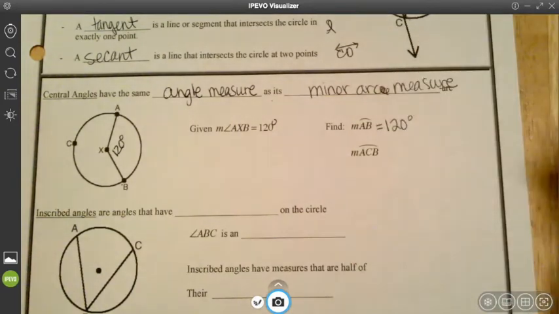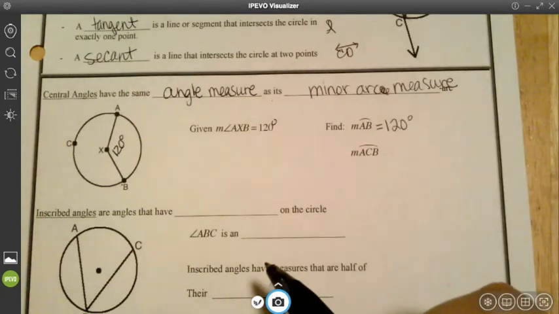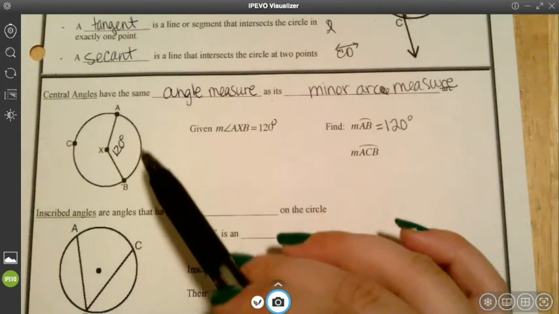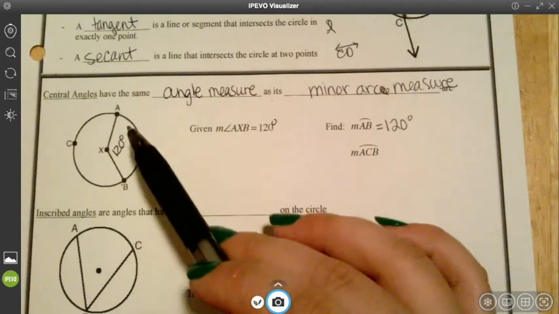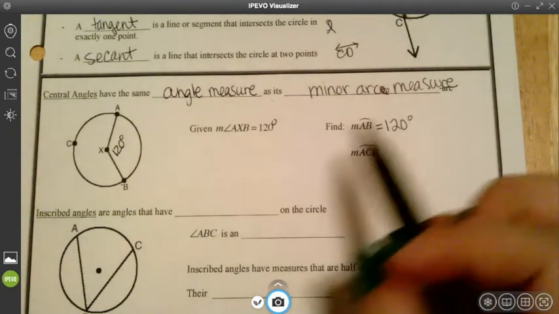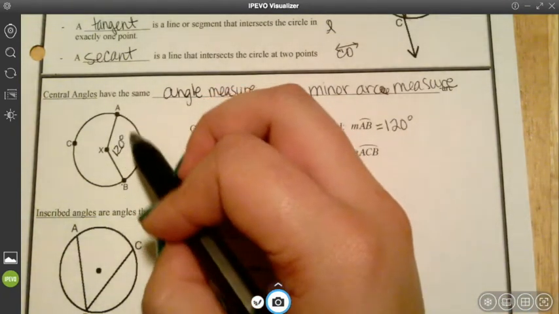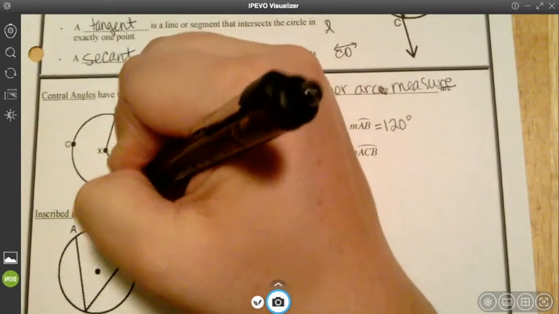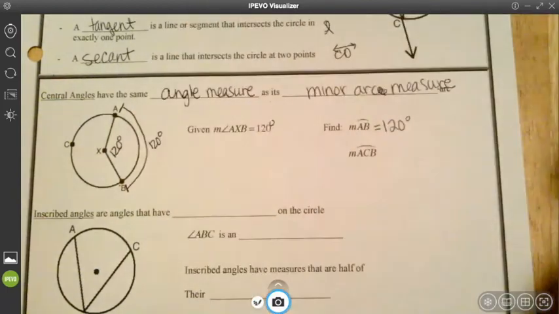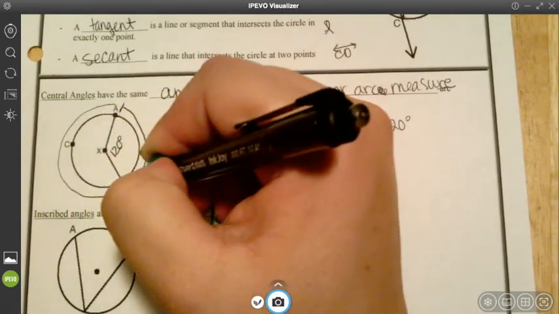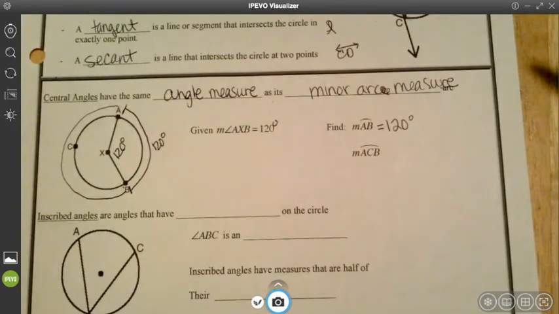Now, normally we think about a measurement as being in units like inches or feet, but in the case of a circle, we can also use degrees as a distance measurement, but only for arcs. And if the measurement from A to B is 120 degrees, so this measurement around the side can also be called 120 degrees, then the rest of the circle has to add up to a full rotation of 360 degrees.